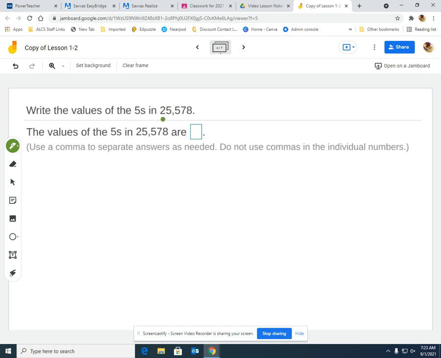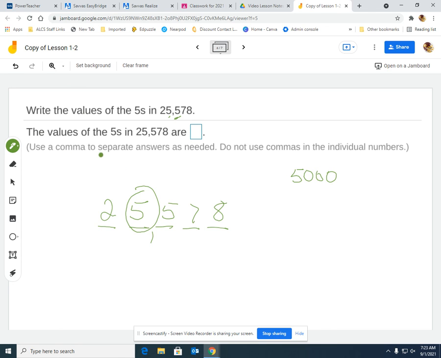It says write the value of the two fives. Well, again, I want to look at place value, so I make my place value chart. Hopefully, guys, you're understanding that we are making place value charts almost every single time. Ones, tens, hundreds, thousands, 10,000s. So I write my numbers in my place value chart. The value of that 5 is 5,000.